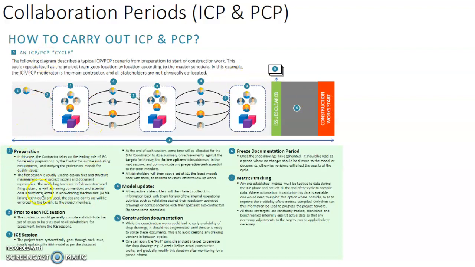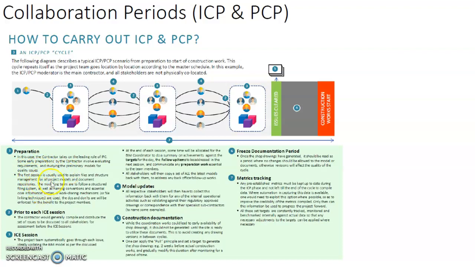Activity 1 involves preparation. In this case, the contractor takes on the leading role of the ICP, with some early preparations by the contractors involving evaluating the requirements and studying the primary models for quality issues.